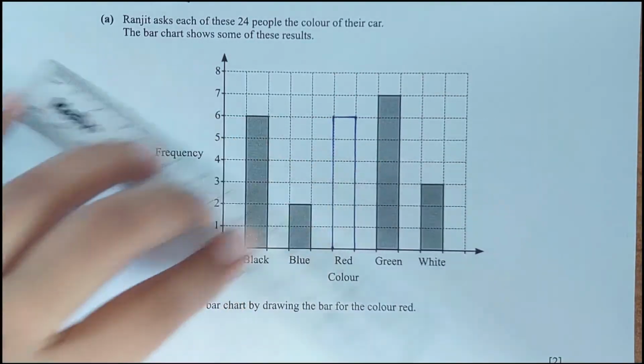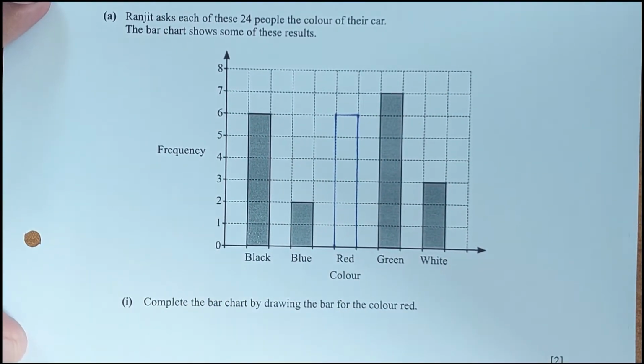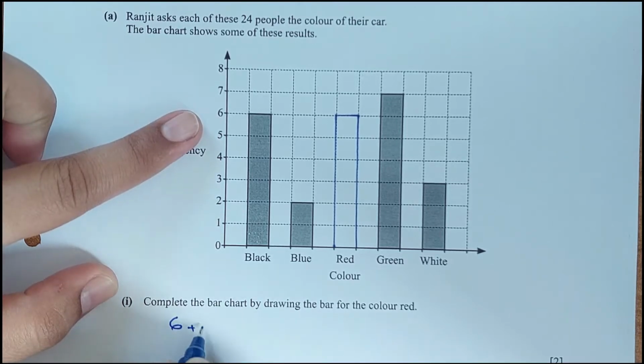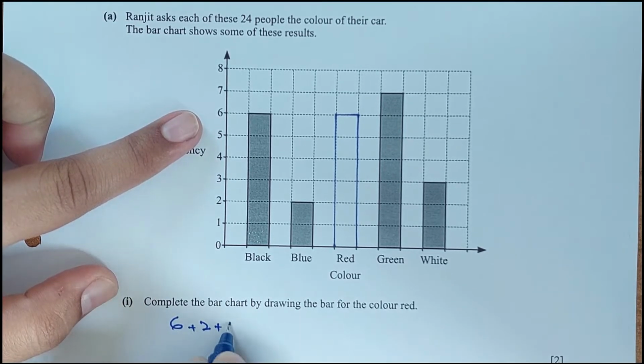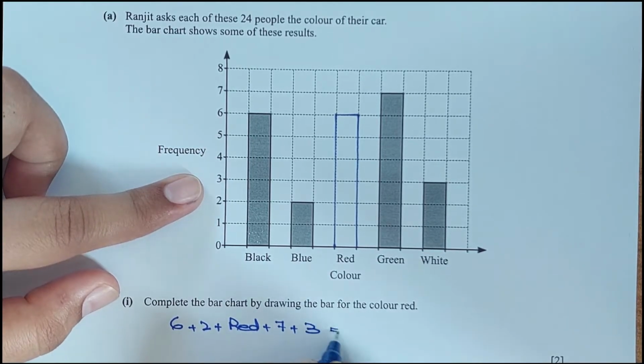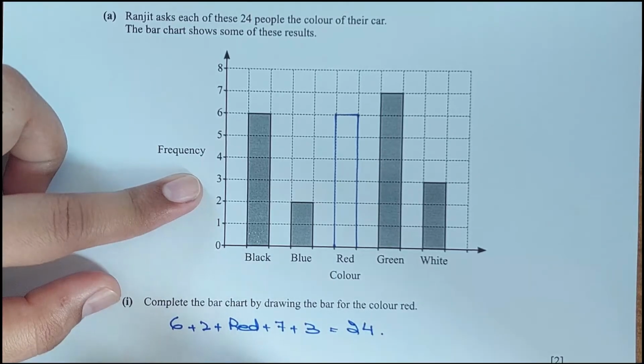Add up all of them and this would be equal to 24. So we can say 6 plus 2 plus the red plus 7 plus white is 3. This would be equal to 24. So from here red is equal to 6.